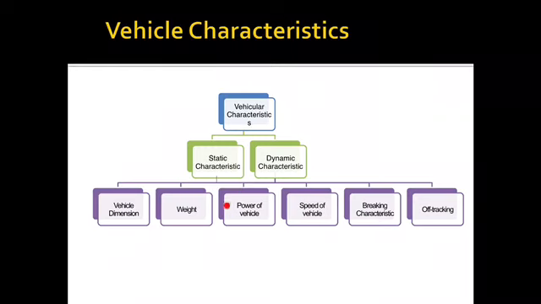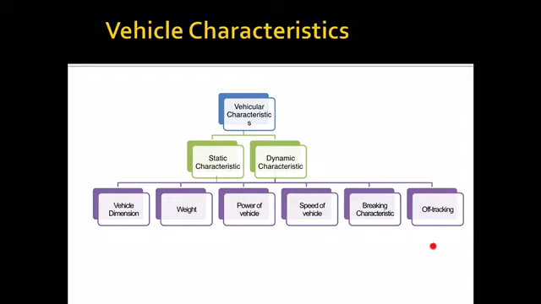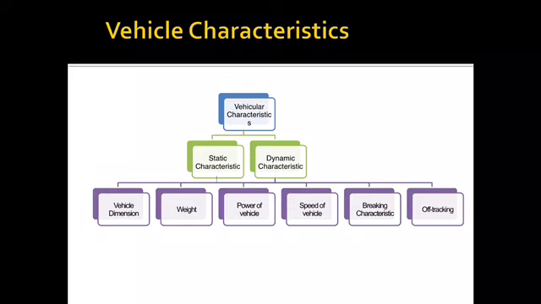We also need to study the power performance of the vehicle, which is essential whenever the vehicle travels on gradients. Another important parameter is off tracking. All these need to be considered as very important parameters with respect to the vehicles for the design of any traffic facility.